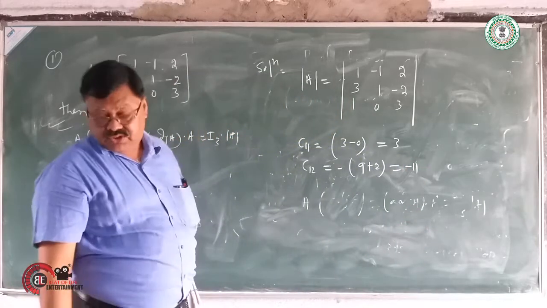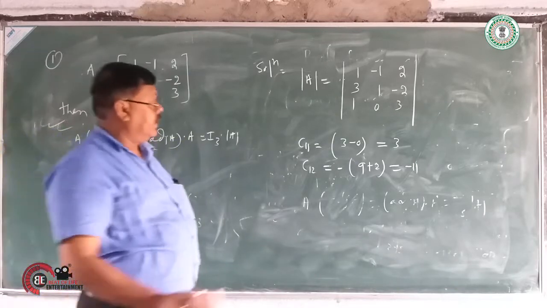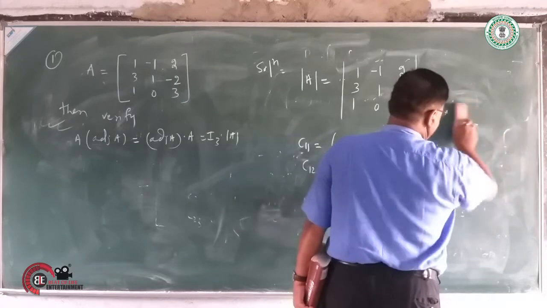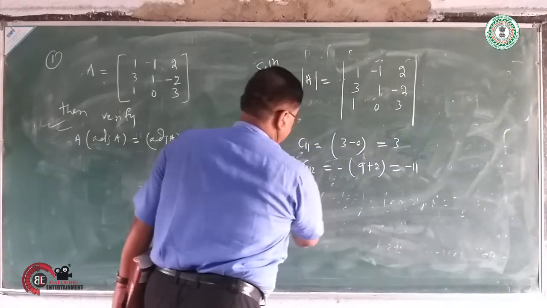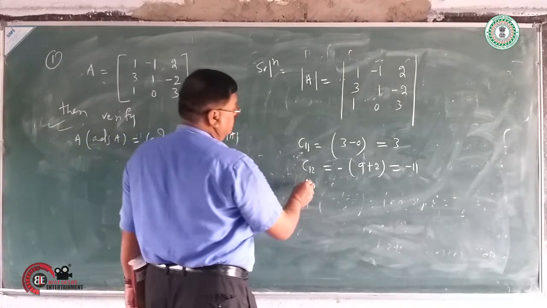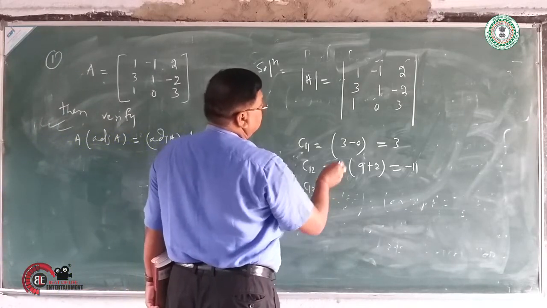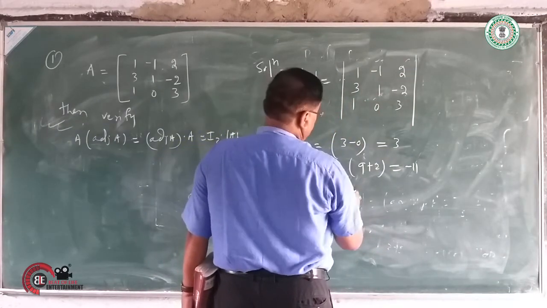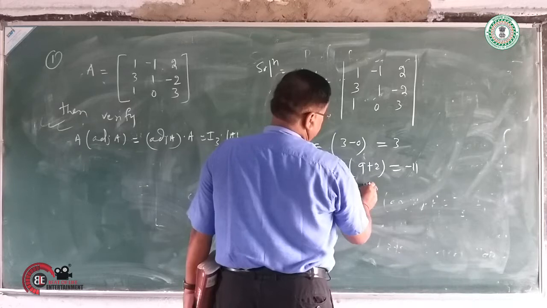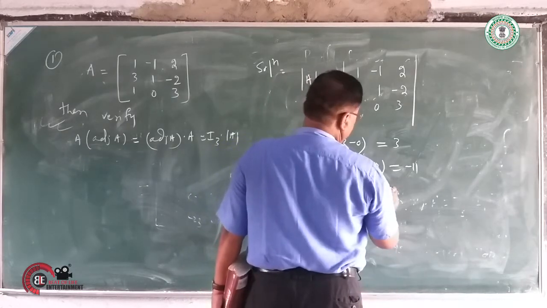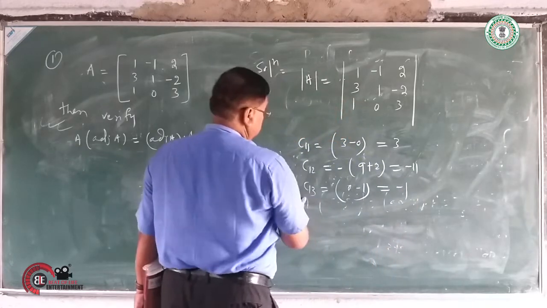This is C12. Then we find C13. Cancelling this, 0 minus 1, so minus 1 is C13.